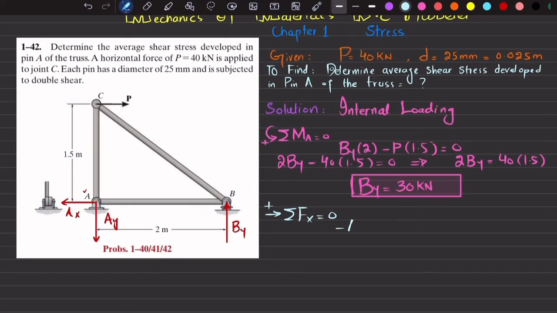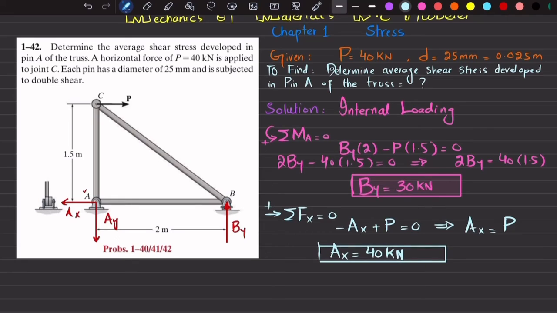So minus Ax plus P is equal to 0. So from here Ax will be equal to P, and we know that the value of P is 40 kilonewton, so Ax is equal to 40 kilonewton.